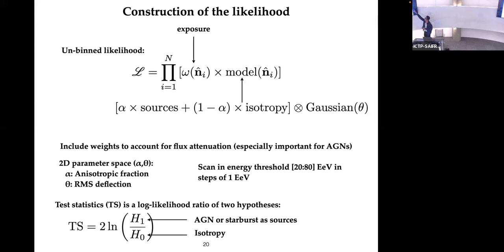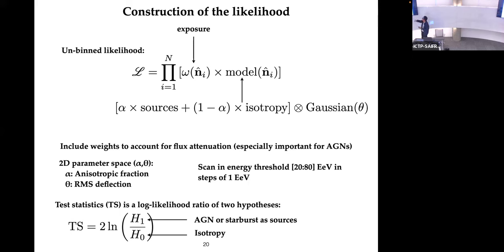So you need to account for smearing due to the magnetic field, and also because our angular resolution is around 1 degree. You cannot just ignore that. So this Gaussian is to account for magnetic deflections plus angular resolution.